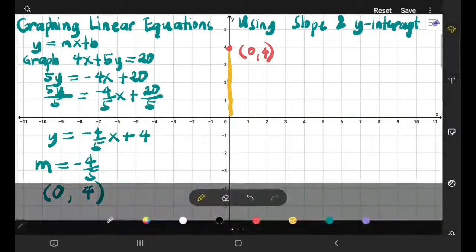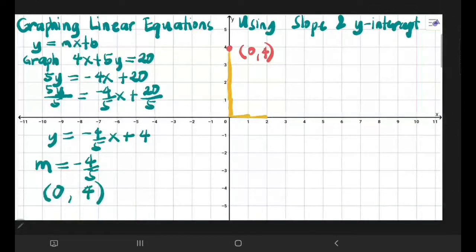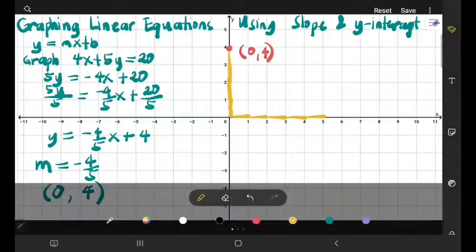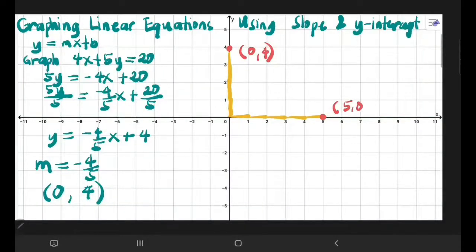Stop. And then 5/5, that's the run. That's positive. So I mean to say you need to run 5 units to the right. 1, 2, 3, 4, 5. So meaning the next point would be (5, 0).